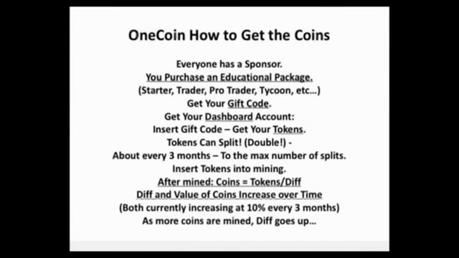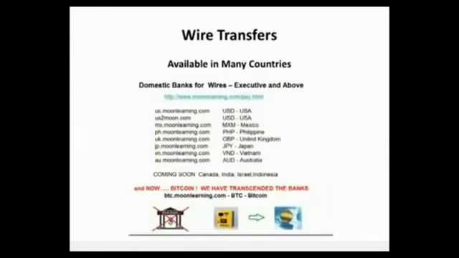The dashboard, of course, is all in euros, so you get to learn to convert from dollars to euros back and forth. And on the next slide, we see that if you want to transfer small amounts or large amounts of money to your friend or your sponsor, there's ways to do it with bank transfers.